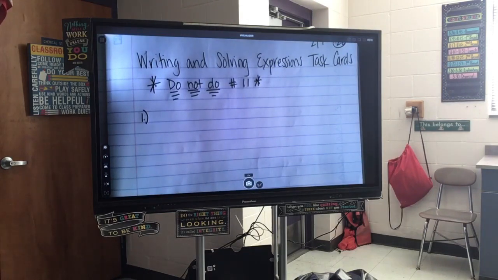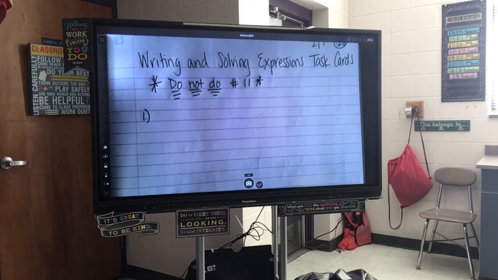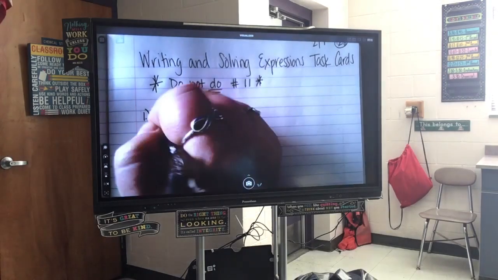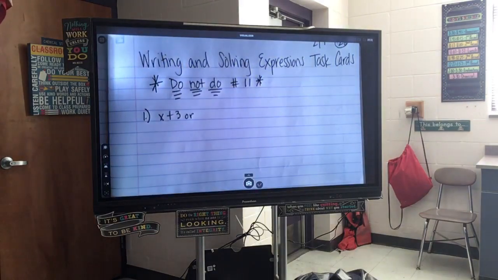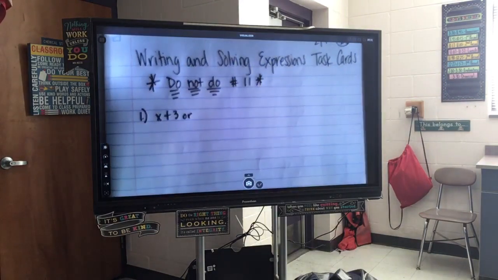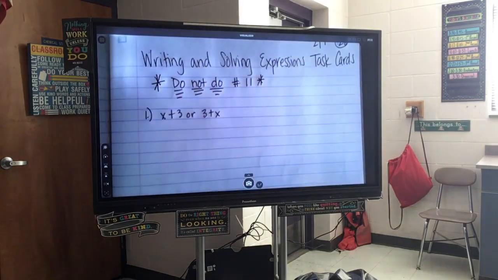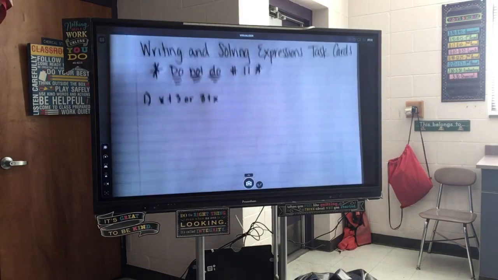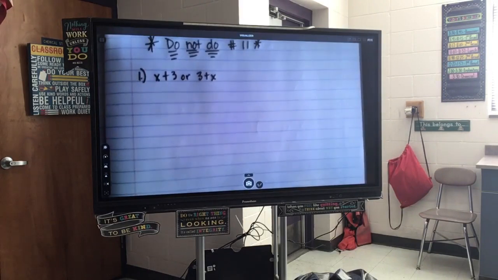The sum of x and 3. So what is that expression going to look like? Delilah? X plus 3. Or how else could we write that? William? 3 plus x. Okay, either way. So that's one way you're going to be solving these problems. That is number 1. You're welcome. I already did it for you.